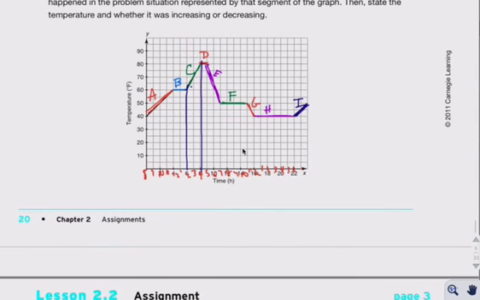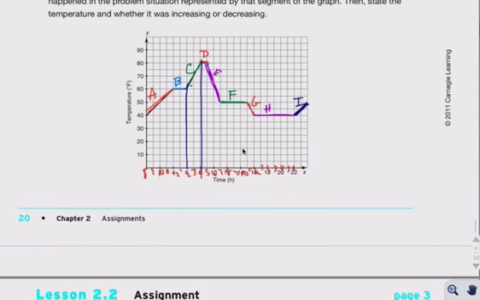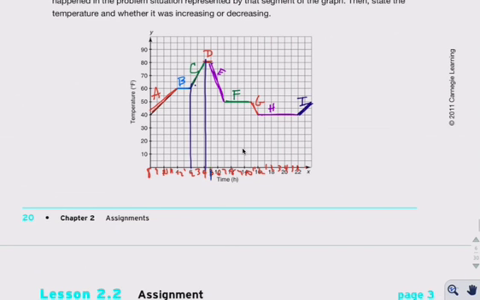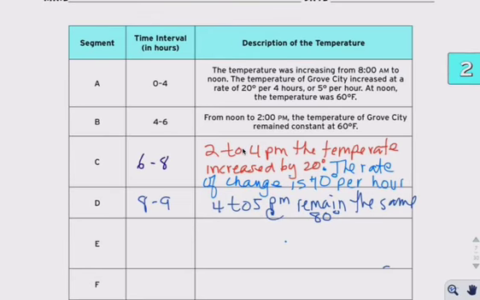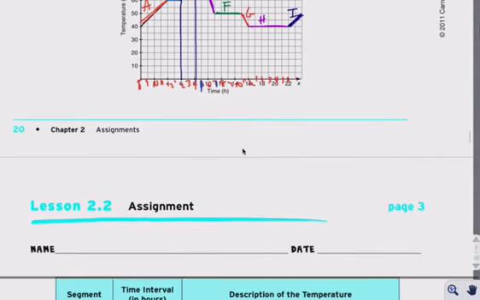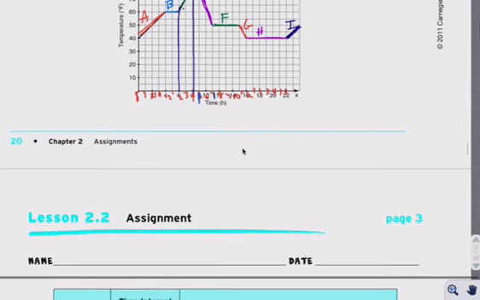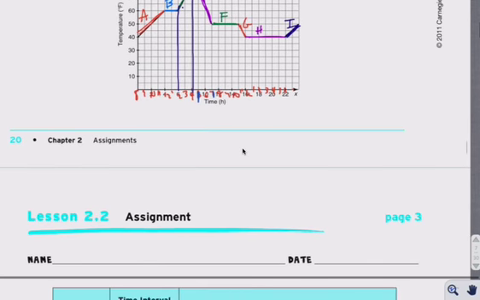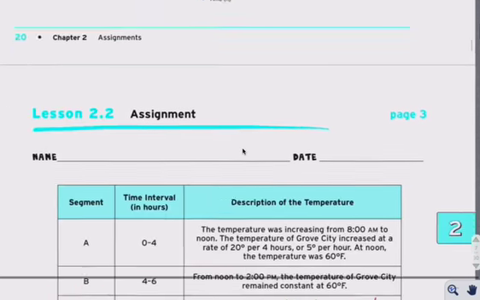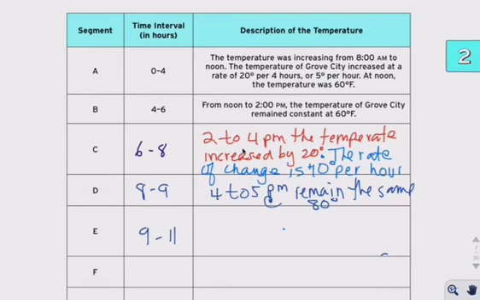The interval is 9 to 11, which is 5 p.m. to 7 p.m. The temperature decreased by 30 degrees.